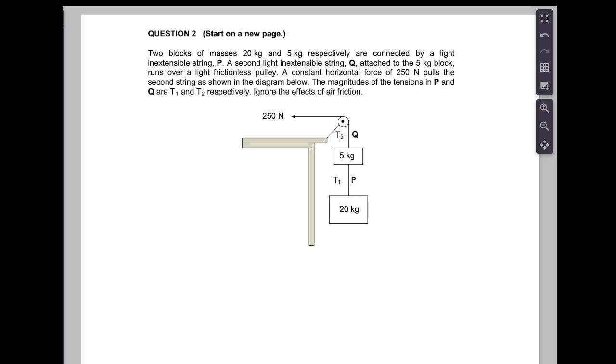Okay, first what we're going to do is write down some information here. So I want us to look at that. We have a 20 kg mass and a 5 kg mass respectively, and a 200 Newton force is pulling in the opposite direction while the two masses are hanging.